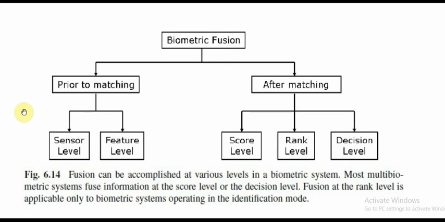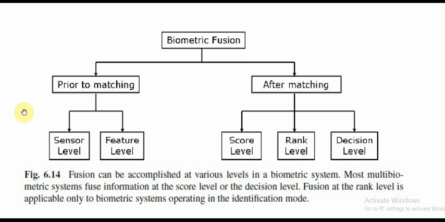Integration at the feature level is expected to provide better recognition results than score or decision level fusion, because the feature set contains richer information about the input biometric pattern than the match score or the decision label. But in practice, this is not always true.